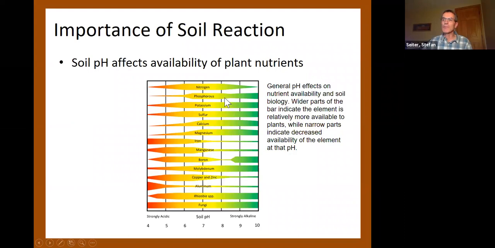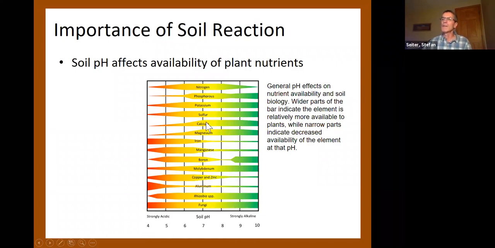That might be a little bit small to read, but this shows the different essential nutrients that a plant needs. Most of them, not all of them, but most of them. Plus, it also shows some that are toxic to plants, like aluminum. Here is the pH scale from 4 to 10.